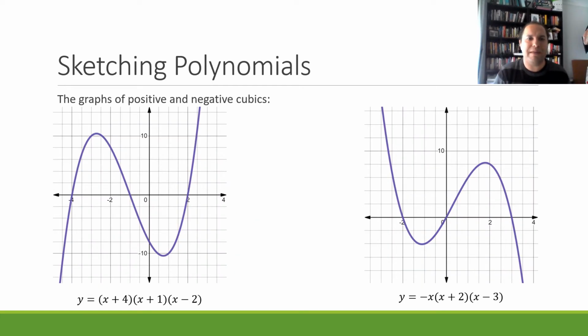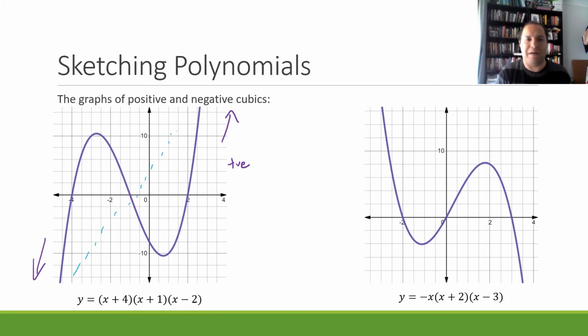All right, with our cubics, they'll have different directions based on the coefficient of the leading term, or the x cubed term. So here we've got a positive cubic, and notice that generally speaking, it's going upwards. Up at the top here, it's going upwards, and at the bottom it's going downwards, just like our line.